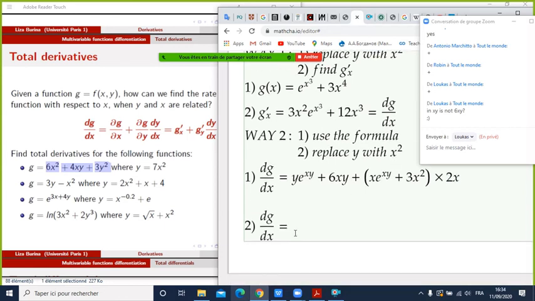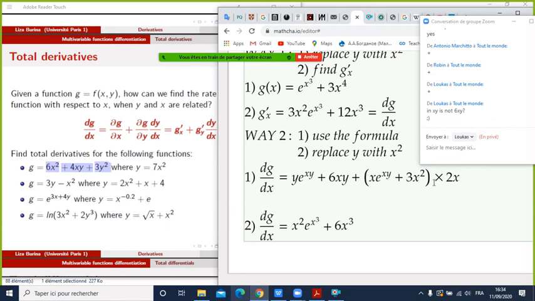Okay, perfect. Let's do the replacing. So that will be x squared e to the power of, here you can see that it will be x cubed because it is x times x squared. Then we will have 6x times x squared, so 6x cubed. Then we'll have, let me do this multiplication straight.